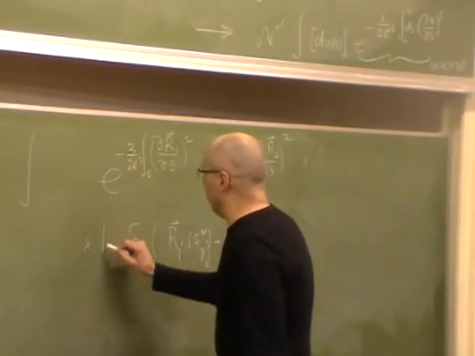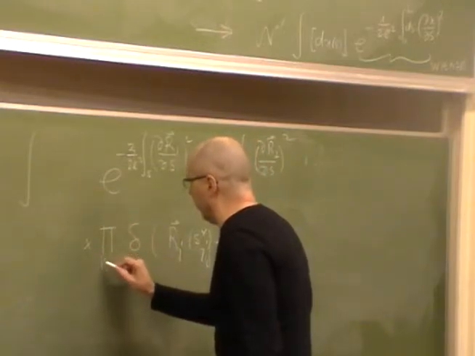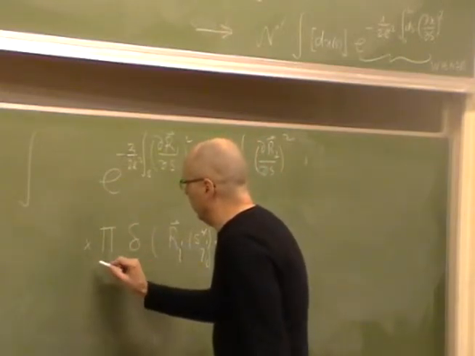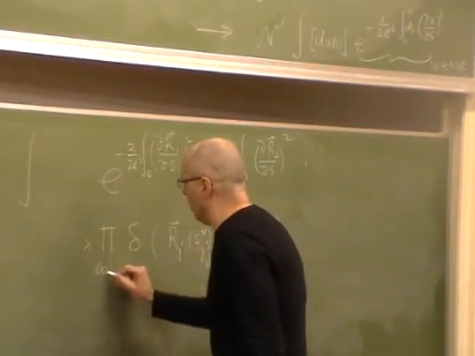And you have as many constraints as there are crosslinks.